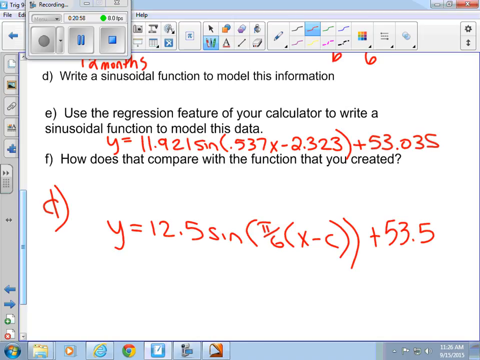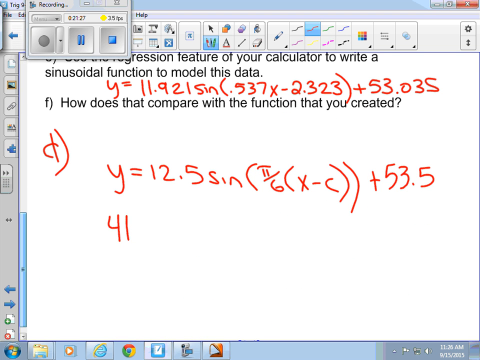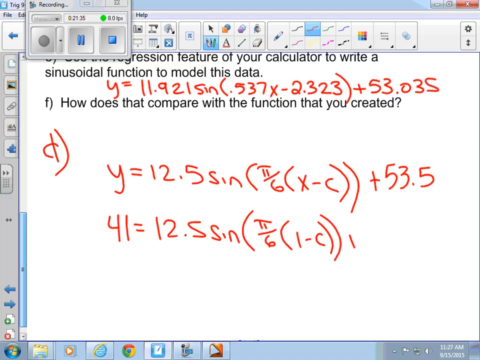You're going to shift the minimum or maximum over. And so if I did January, then x would be 1, y would be 41. Solving. Subtract the 53.5 over, and I get negative 12.5.